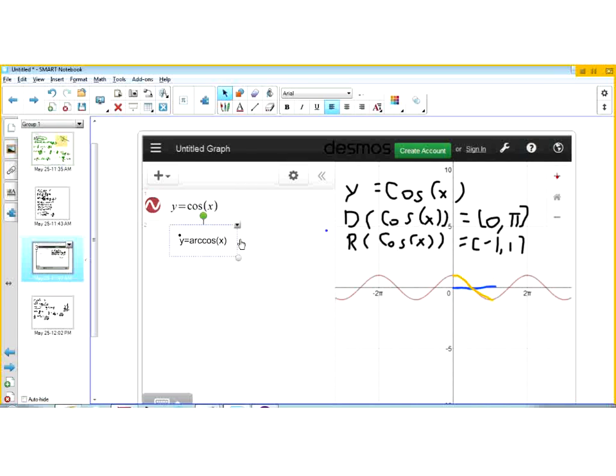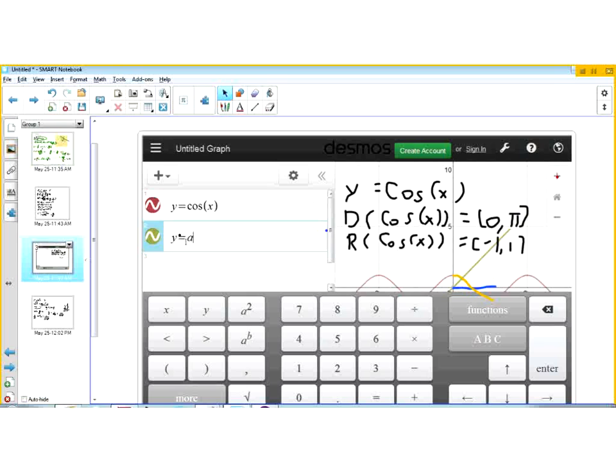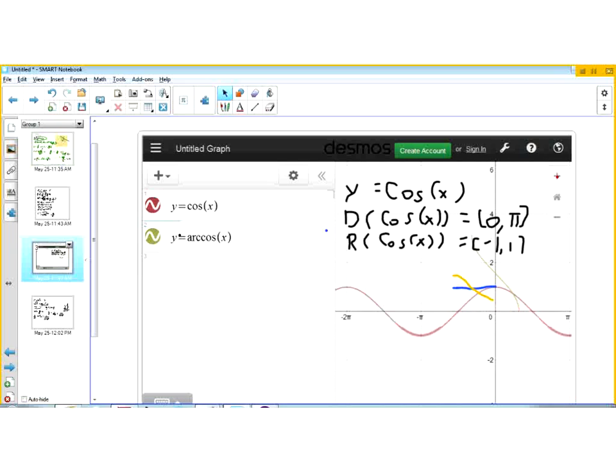Oops, I did not want to do that. Wrong tool. y is equal to arc cos x, and that's shown in green here.